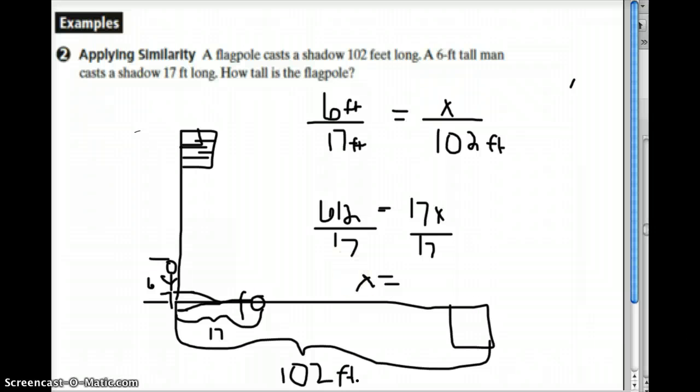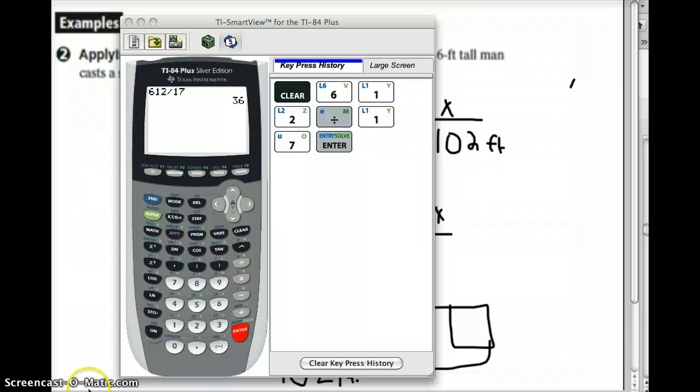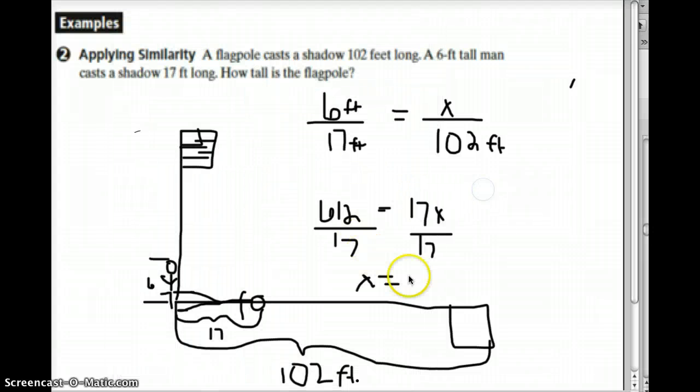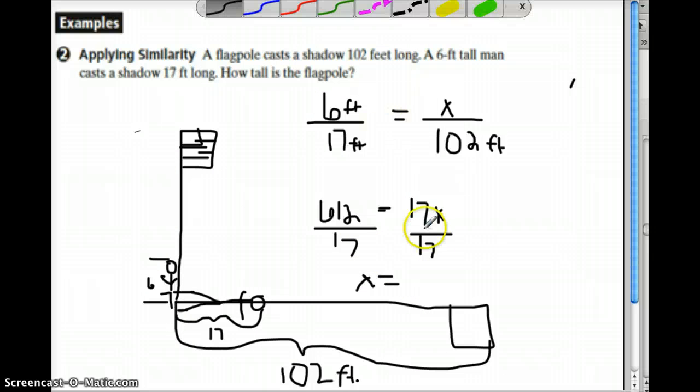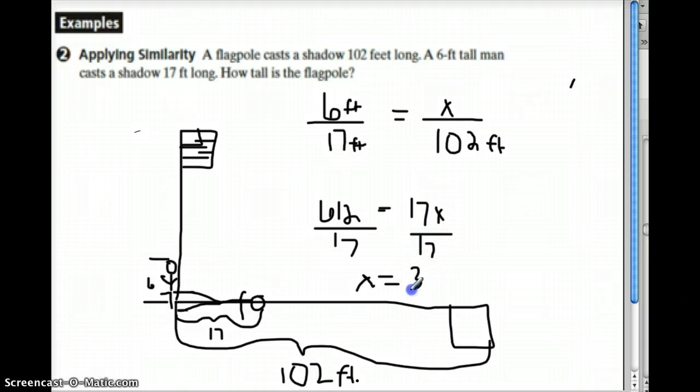If we divide 612 by 17, we get 36. So the height of our flagpole is 36 feet high.